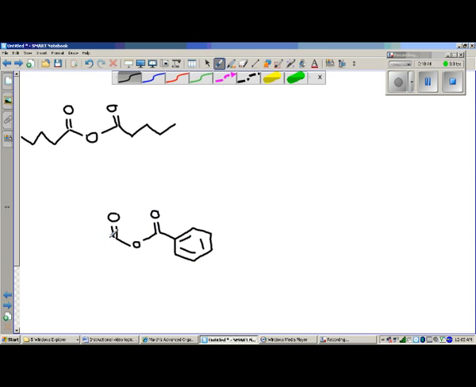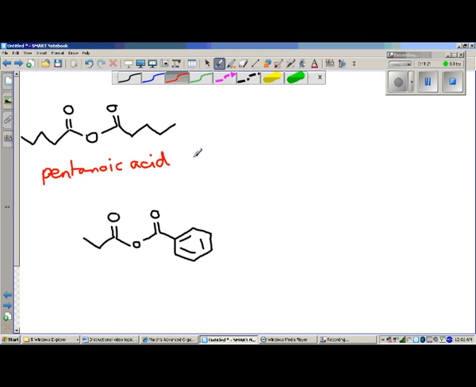So let's start off with the first one. These are the ones that are the easiest to name. Again, start off from the name of the carboxylic acid that this comes from. So 5 carbons. A 5 carbon acid would be, we saw this earlier, pentanoic acid.